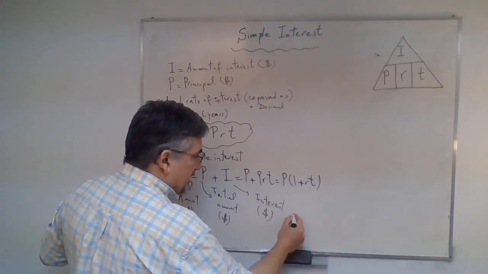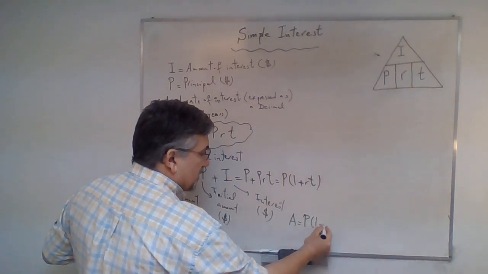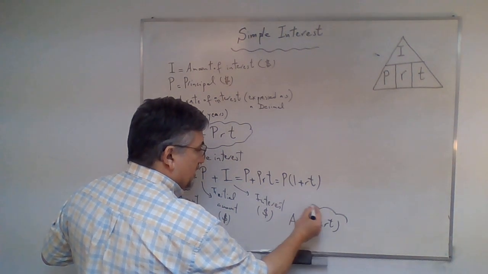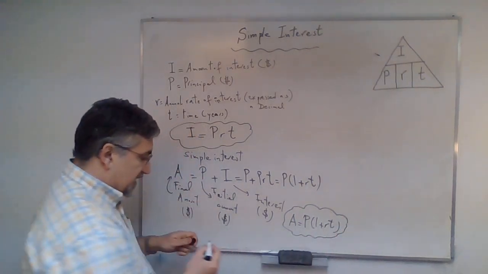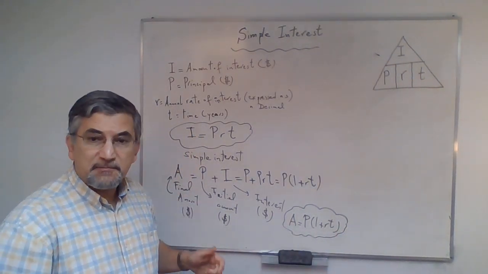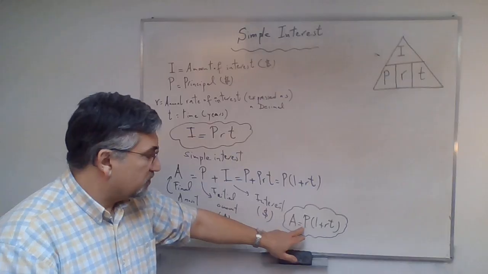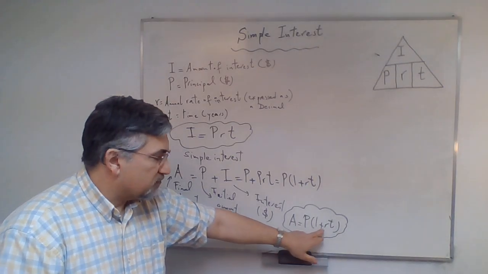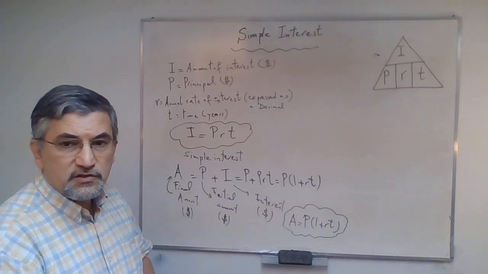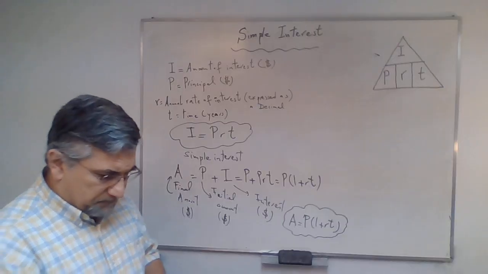So A equals P times 1 plus RT. This helps you calculate the final amount in your account, given the principal, the rate of interest, and the time in years that you have your investment.